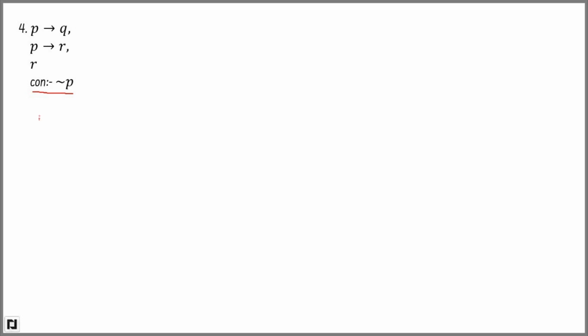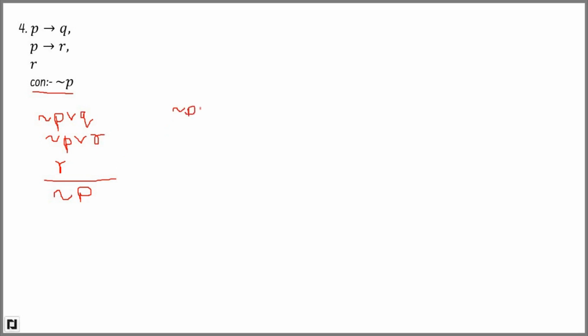So we reduce the first step as negation P or Q, the second step as negation P or R, the third step we can write as it is, and the conclusion is negation P.